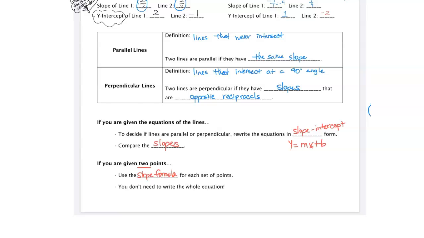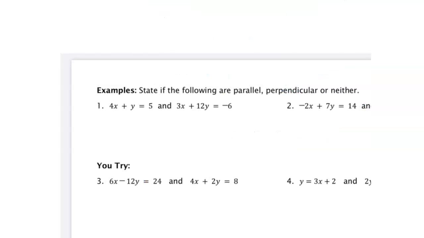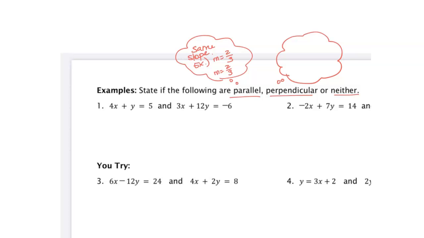So let's put this all to the test. Our first examples state: determine if the following are parallel, perpendicular, or neither. Recalling, for parallel, they'll have the same slope. An example would be one slope is 2 over 3 and the other slope is 2 over 3. For perpendicular, we're looking for opposite reciprocal slopes.